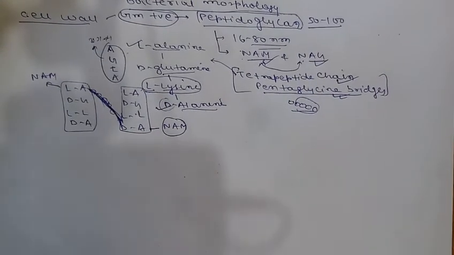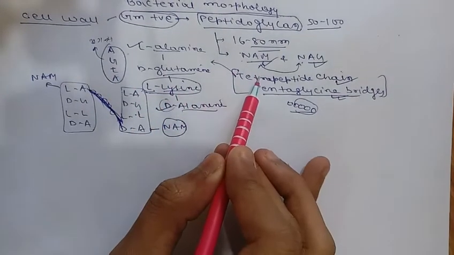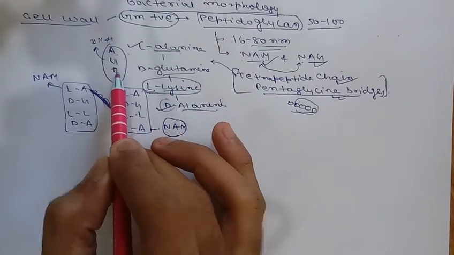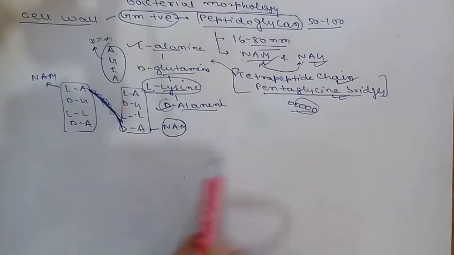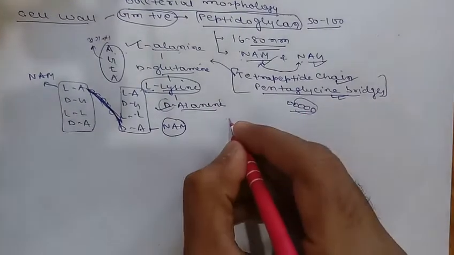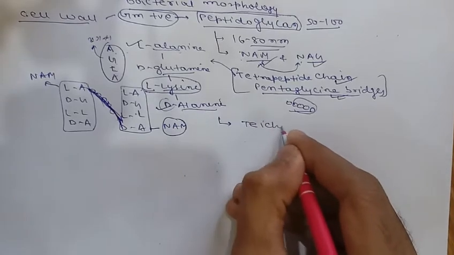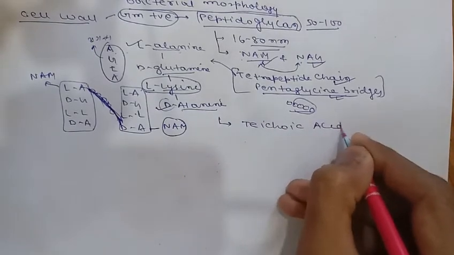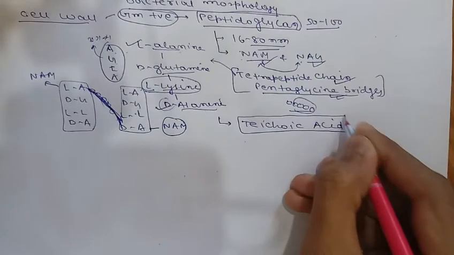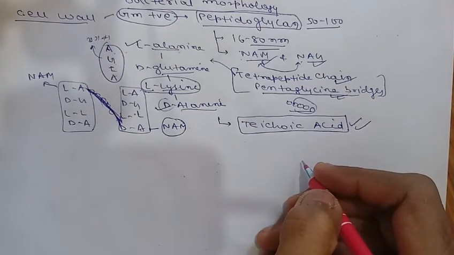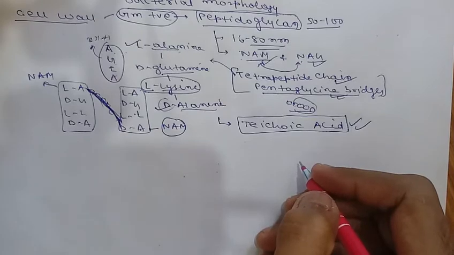Clear? One second revision: the tetrapeptide chain consists of L-alanine, D-glutamine, L-lysine, and D-alanine, and there is a pentaglycine bridge. Now moving to the second component of the gram positive cell wall, teichoic acid. The gram positive cell wall contains a significant amount of teichoic acid, which is absent in gram negative bacteria.